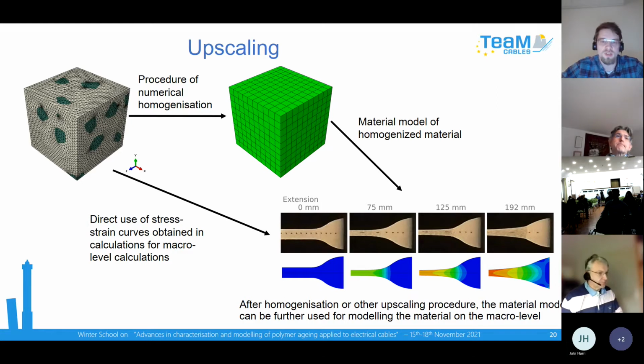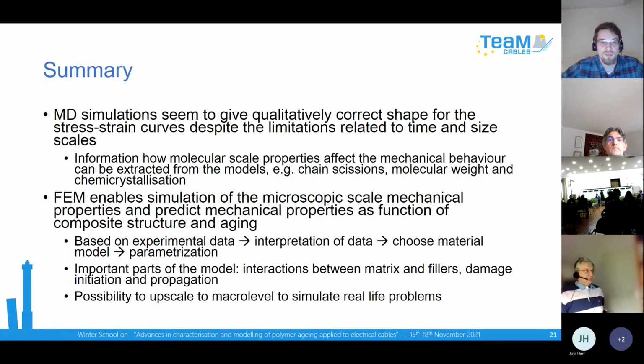After that, the properties can be used for modeling some dog bone dumbbell specimen tension in simulations or some real cables, for example. Or we can go another way, just by using the stress-strain curves directly from microstructure to macrostructure. It's also a way, but probably not suitable for every problem. Yeah, next slide is about the summary.